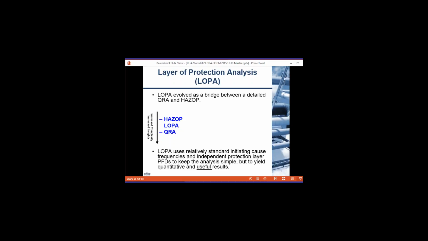So basically, LOPA evolved as a bridge between a detailed QRA and a HAZOP. How do you achieve the benefits of applying a quantitative technique in a way that's digestible and can easily get you the answers that you need to make fundamental decisions?